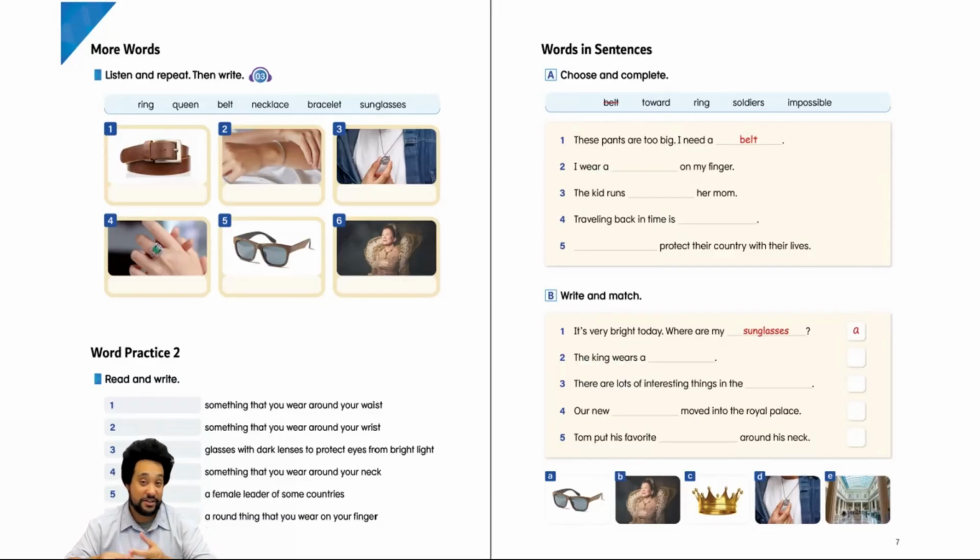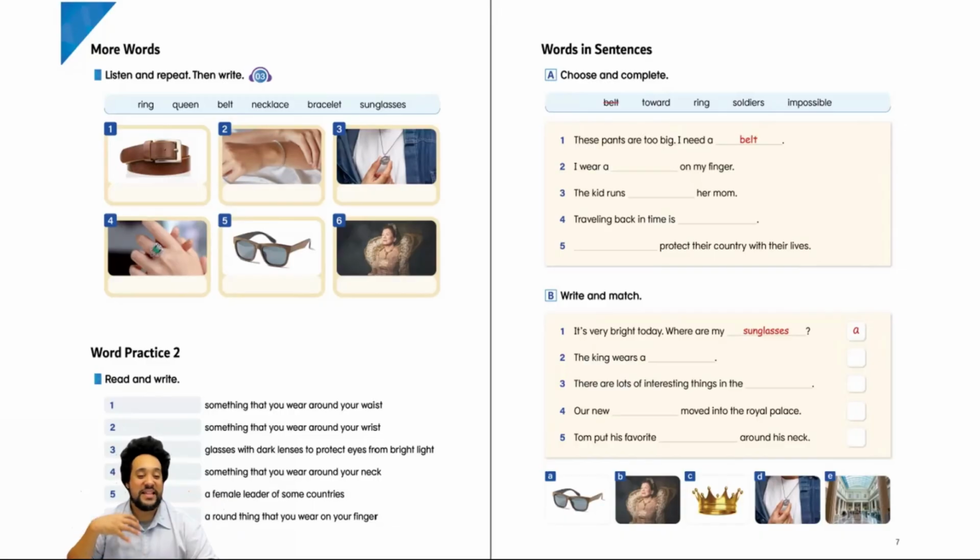But things like rings or a crown are accessories that are used to make our outfit more impressive or to show something important about us. So a crown usually means that we are a leader or a royal member, right? Somebody with power. A ring can also mean that something is important, like we wear rings to show that we are married, or we wear rings to show that we have a lot of money or that we are a fancy person.